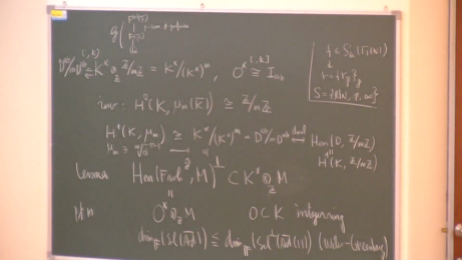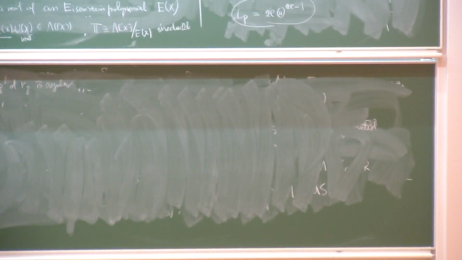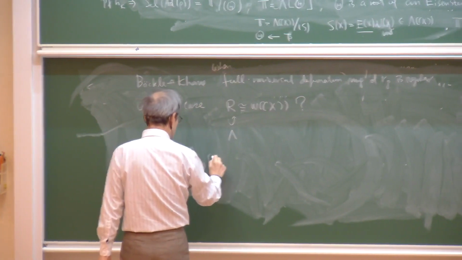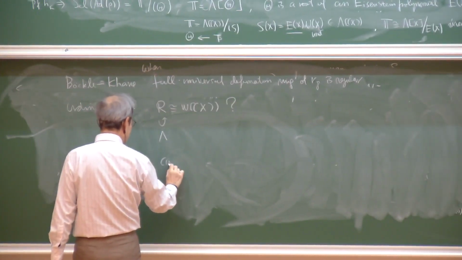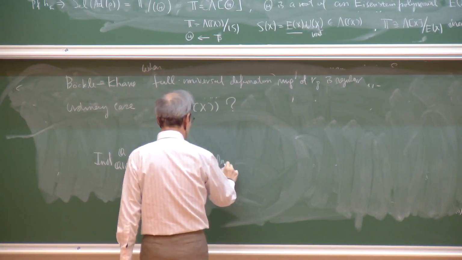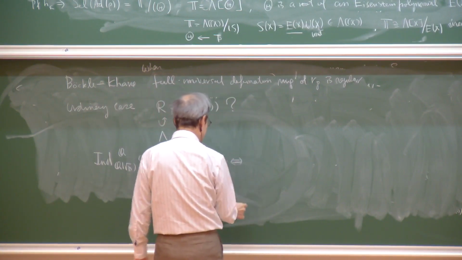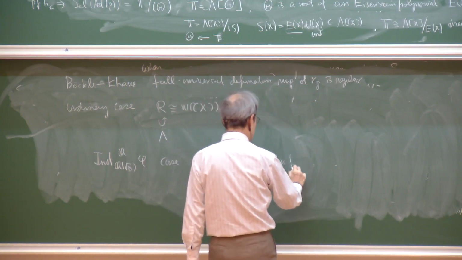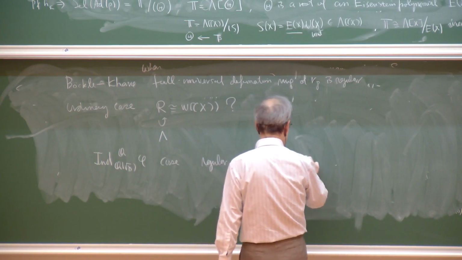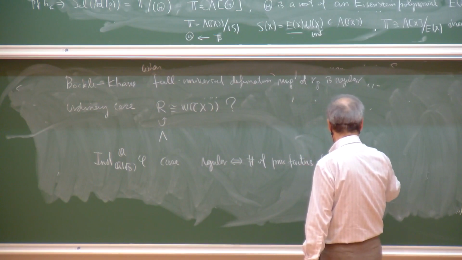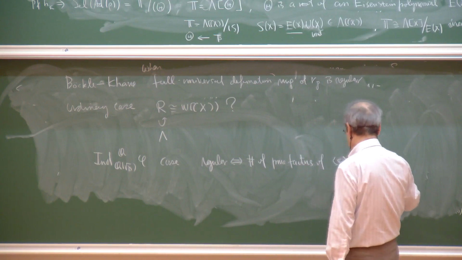So what that means, in the induced case, the regularity is equivalent to saying that the number of prime factors of epsilon minus 1 equals 1.